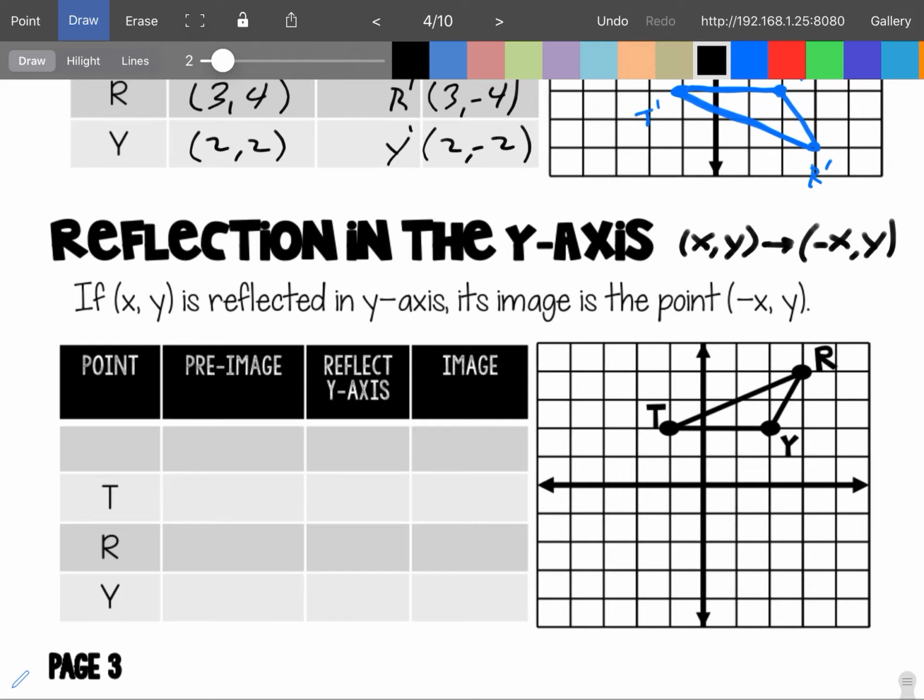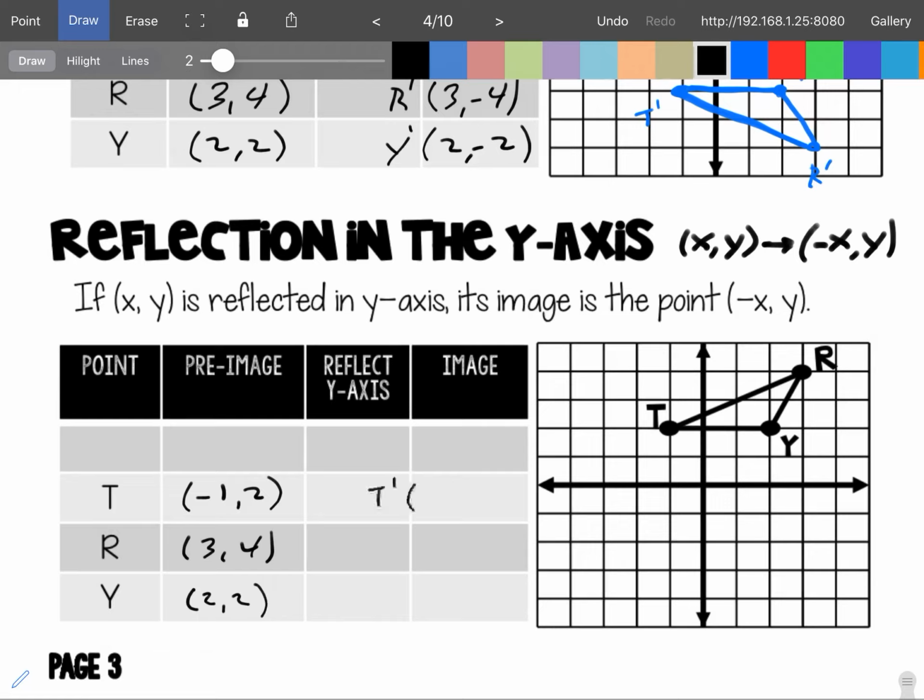Okay, so again, T is the same point it was before. It's 1 left, 2 up. R is again 3 right, 4 up. And Y is again at 2, comma 2. Okay, and then we're going to leave the y value alone, and we're just going to take the negative of the x.